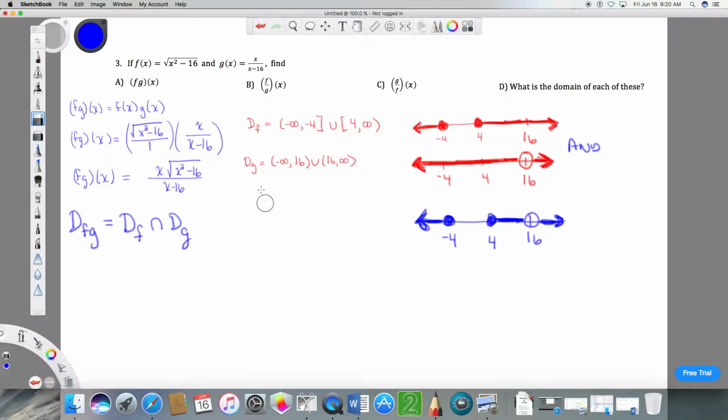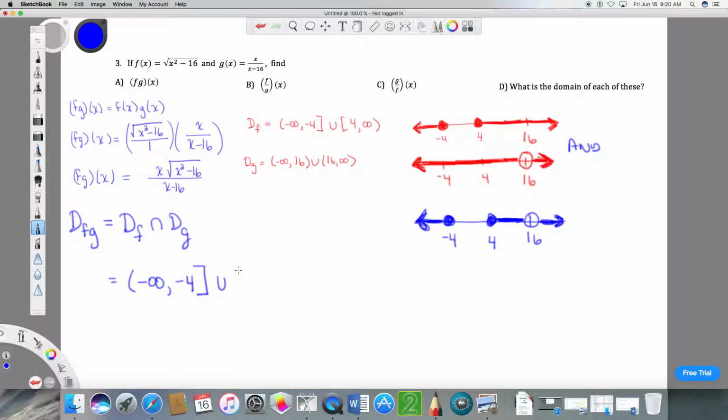And I know how to write it now. The answer they want for part A is that we're from -infinity up to -4, including -4, and then there's a break.